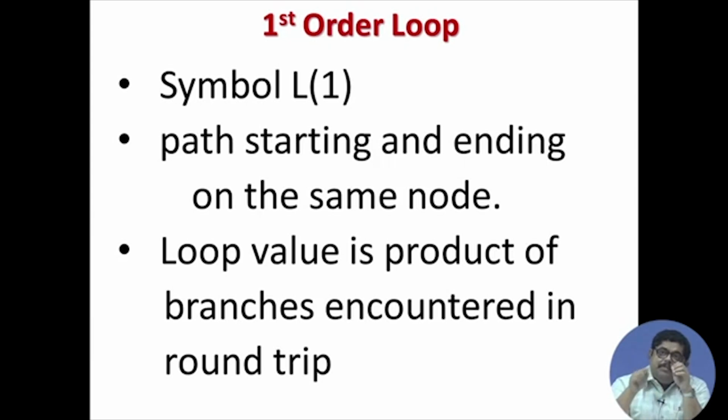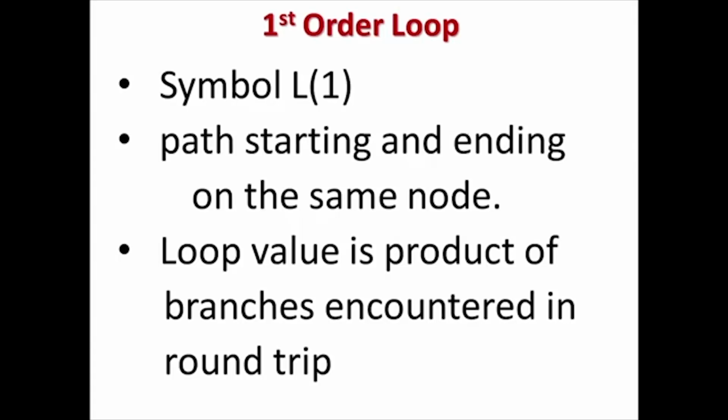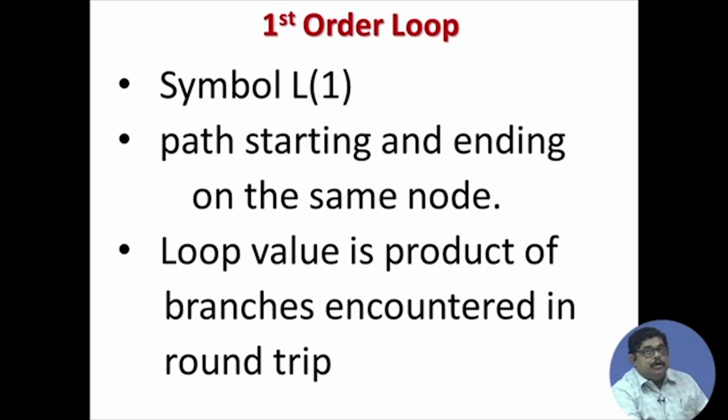It may be a single branch, that is called a self loop. It may be various branches, after that it comes back, that is a standard loop. This first order loop, why is it called first order? That means any loop you find, we will call a first order loop.